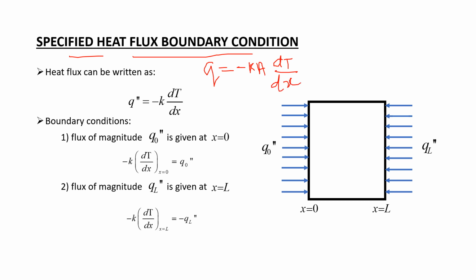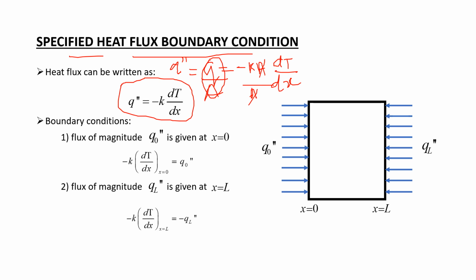If we divide both sides by the area, the left side becomes the heat flux Q double dash, and the area cancels out, so we have Q double dash is equal to minus k dT by dx. I hope this is clear.